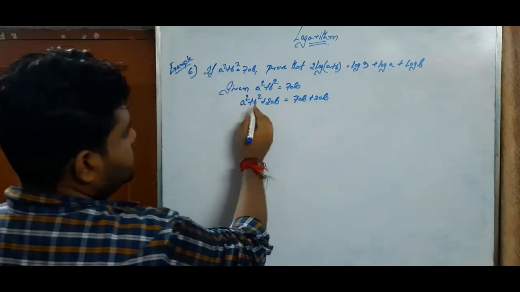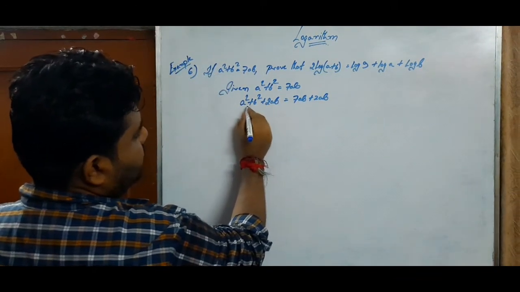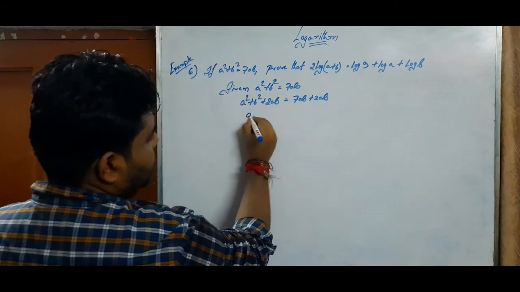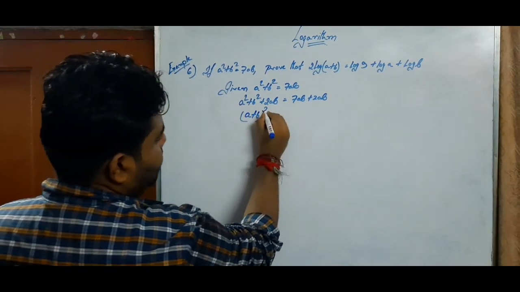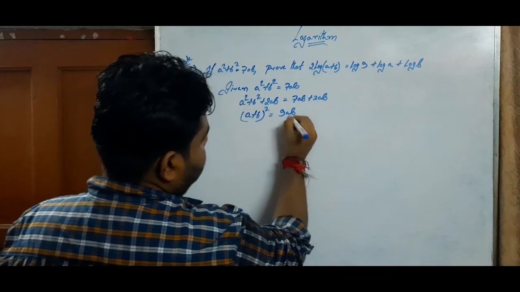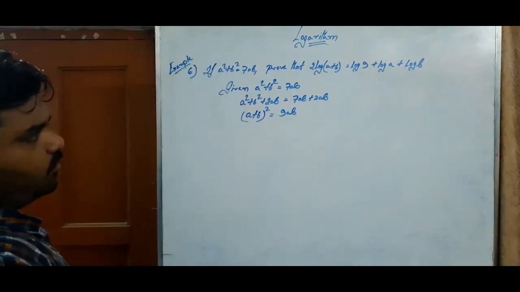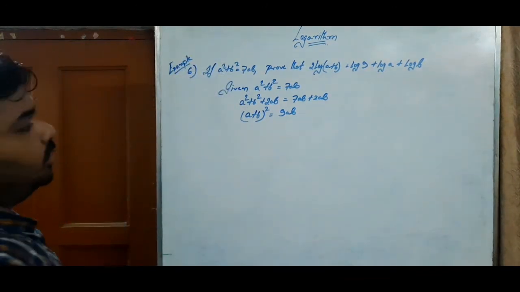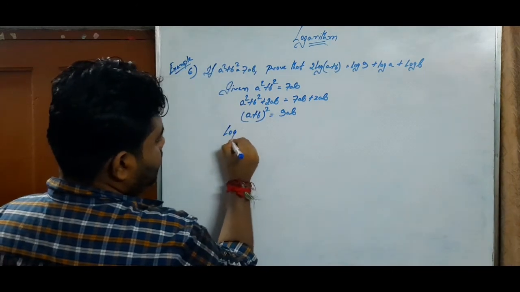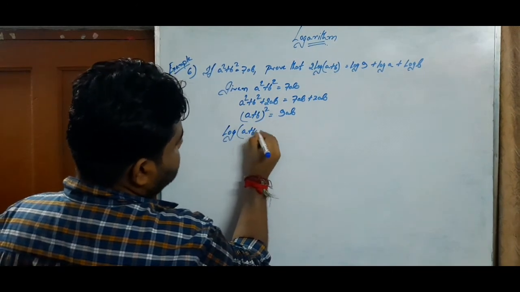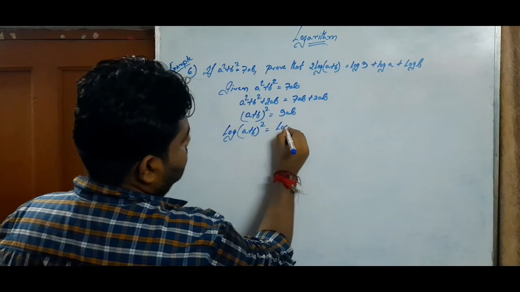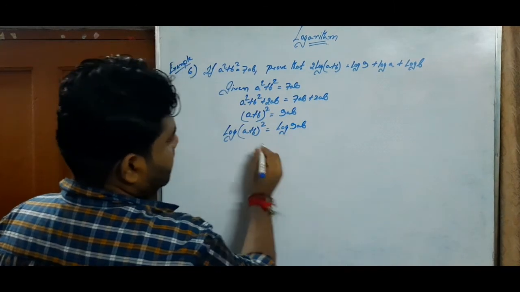Right, that is (a plus b) whole square. This is the formula of (a plus b) whole square. That is (a plus b) whole square equals 9ab. Now we can take log on both sides. That means we can write log (a plus b) whole square equals log 9ab. This is the power.